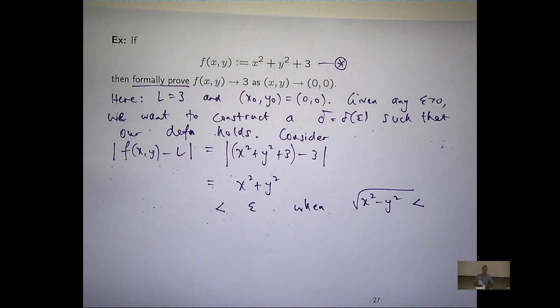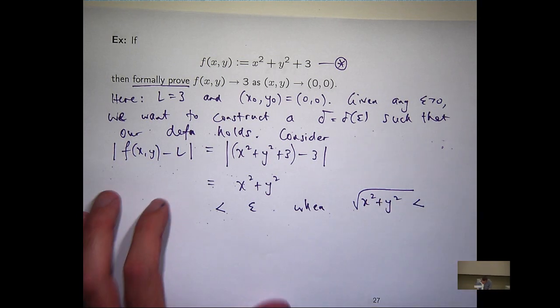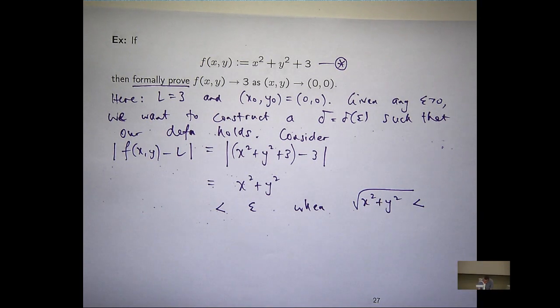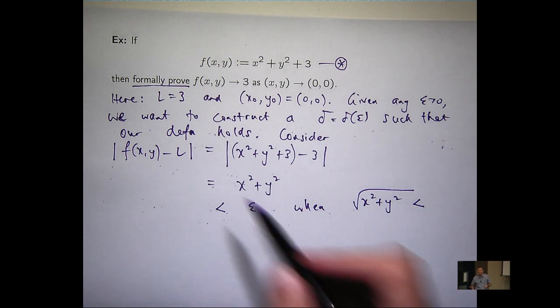Well, it's when root x squared plus, it should be a plus there, plus y squared is less than, what? Well, all I need to do is just take the square root.